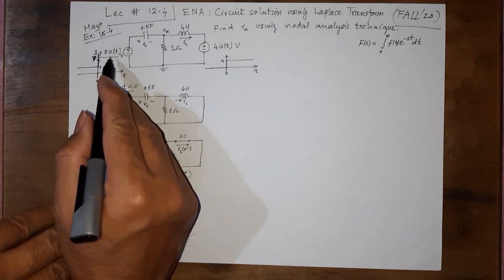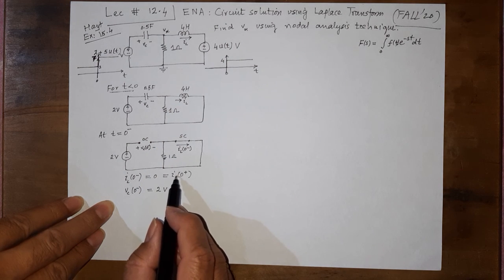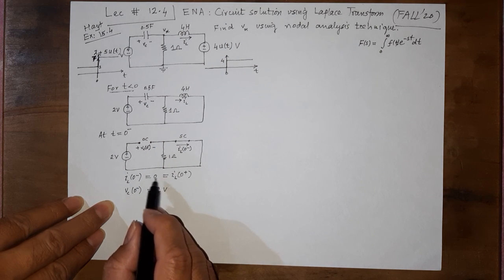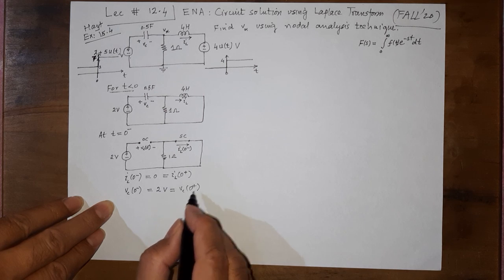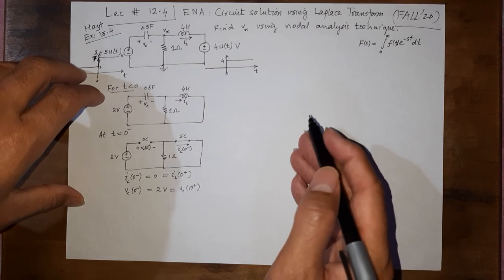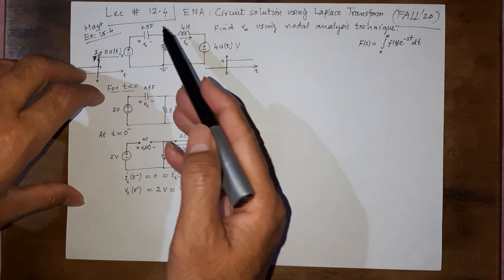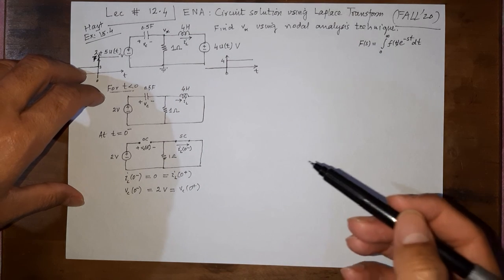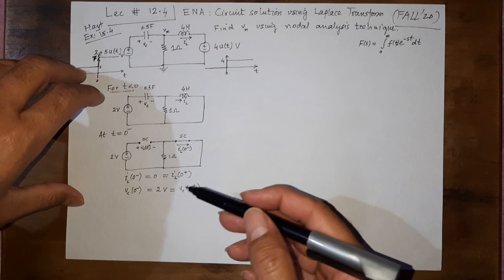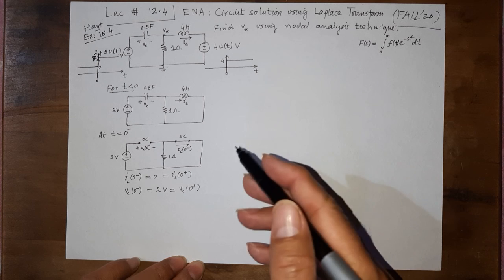So when the 5 u(t) and the 4 u(t) have kicked in, the current through the inductor just after 0 would still be 0, and the voltage across the capacitor would still be 2 volts. It will not suddenly change. However, we are not concerned with VC or IL, we are concerned with Vx. What Vx would be at that time is what we are interested in. So let us come to that when we are ready to handle it.